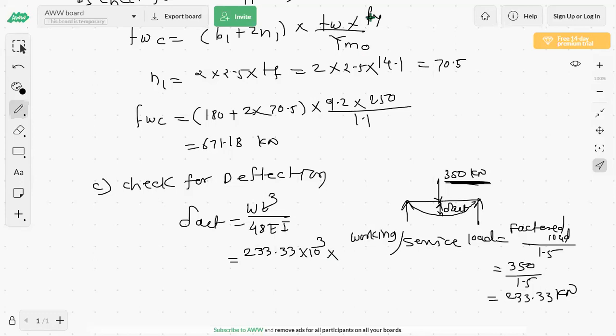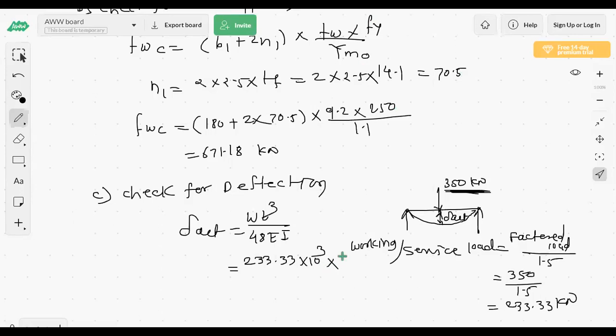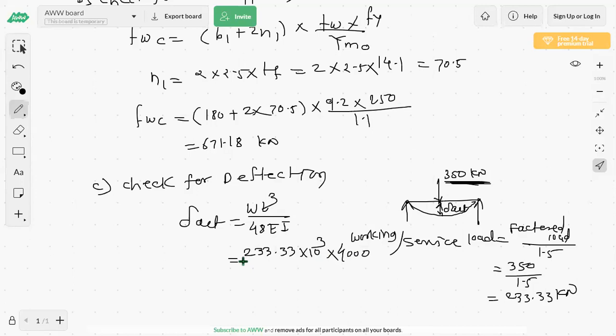How much given length? 4 meter. It means 4000 divided by 48 into E, 2 into 10 raised to 5, and I, moment of inertia.